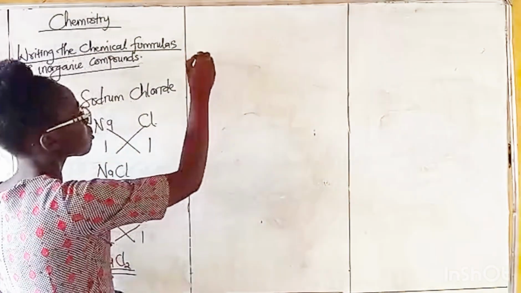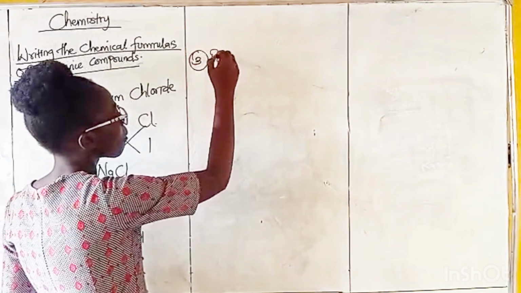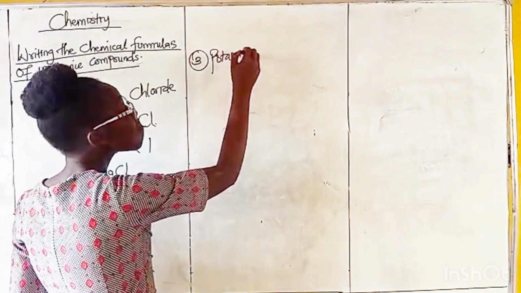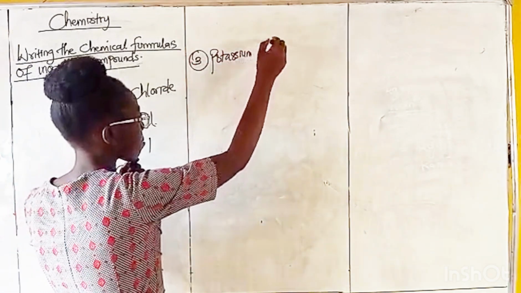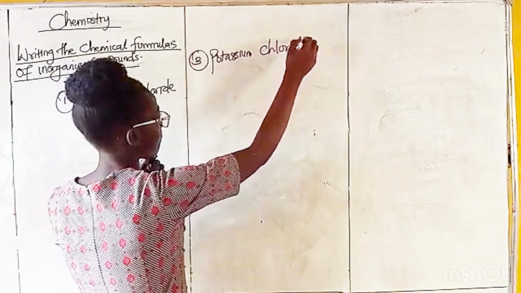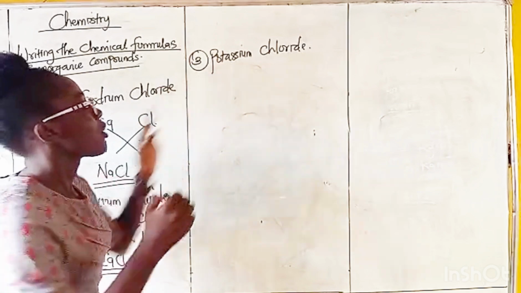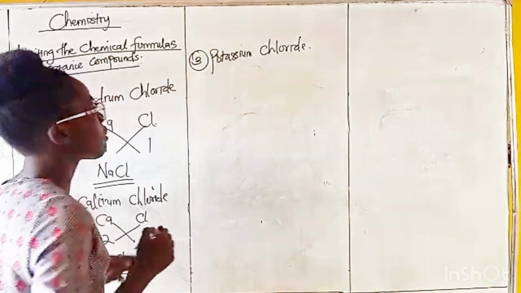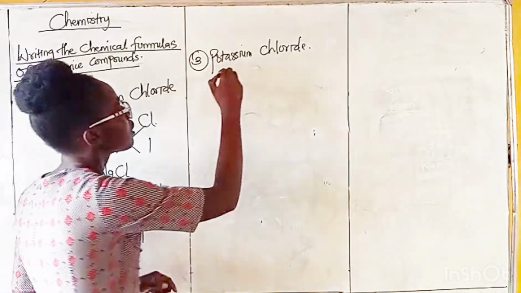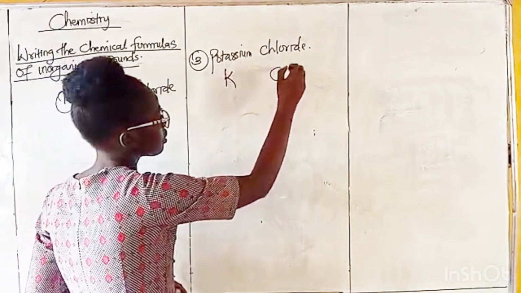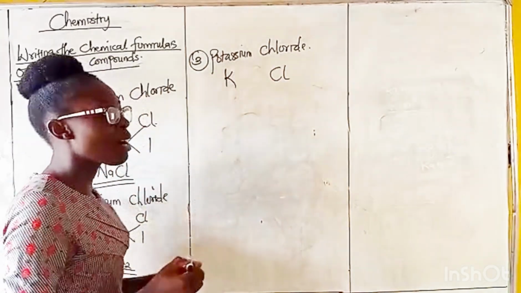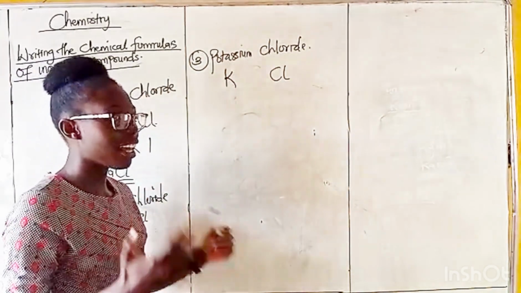Now let's look at the next chloride, potassium chloride. The first step, write down the symbol of the elements making up the compound. This is potassium and this is chlorine. Potassium has 19 electrons.